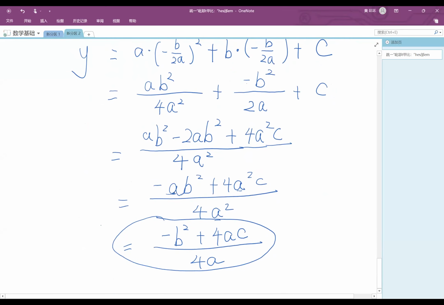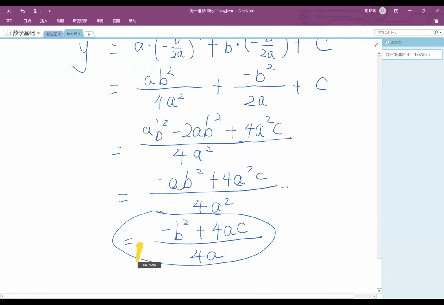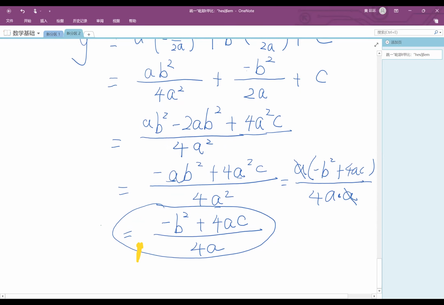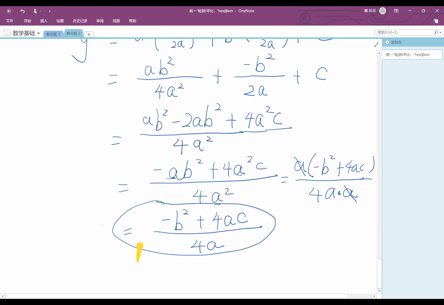This is a times minus b squared plus 4ac, and this is 4a multiplied by a, and then we divide a, this is a, this is a, then we can get this, right? Okay, I have that. Thank you.